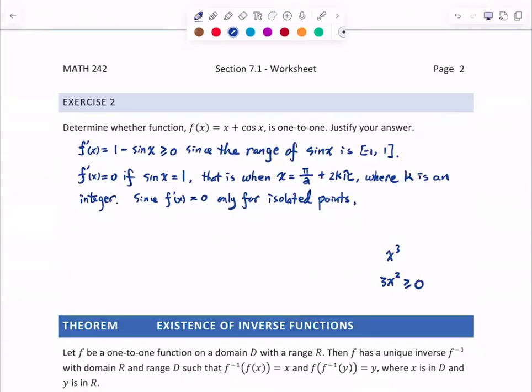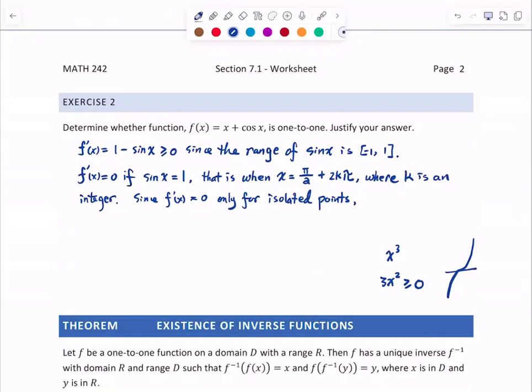At 0. So what's happening here is this cubic function has a horizontal tangent line at 0. But we still say x cubed is an increasing function, because if the derivative is 0, it just gives you that horizontal tangent line, right?